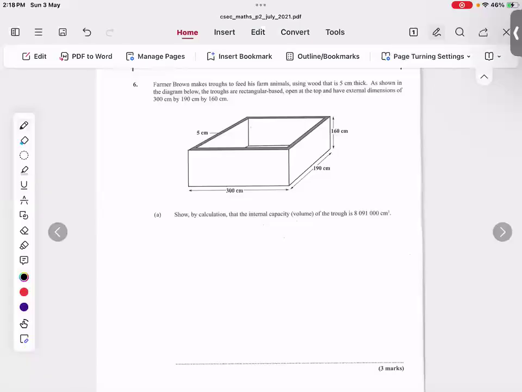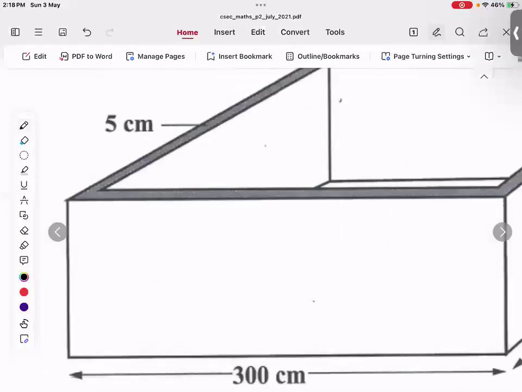Farmer Brown makes troughs to feed his farm animals using wood that is 5 centimeters thick. Pay attention to where the 5 centimeters is. So you see that brown space over there?